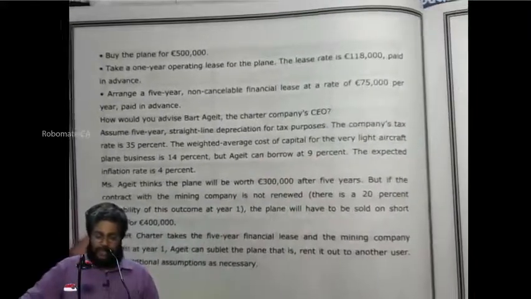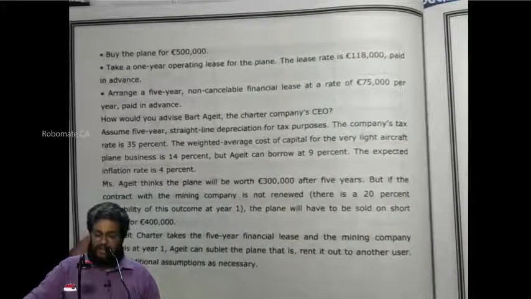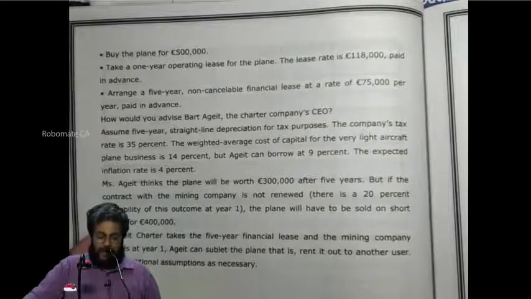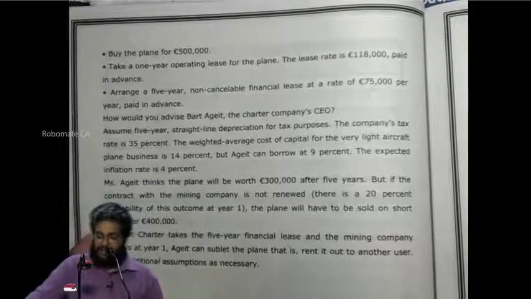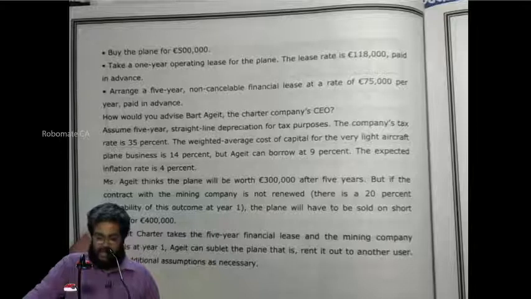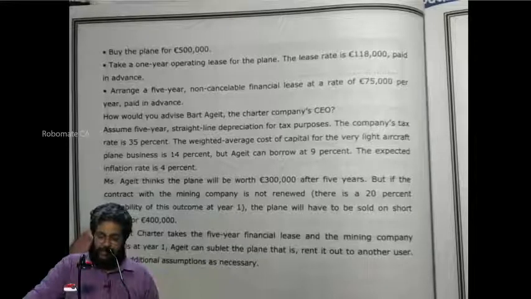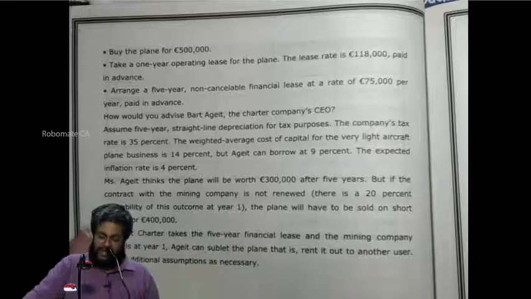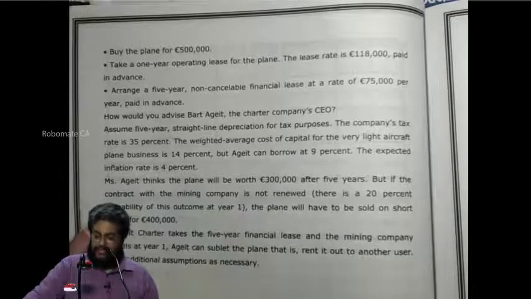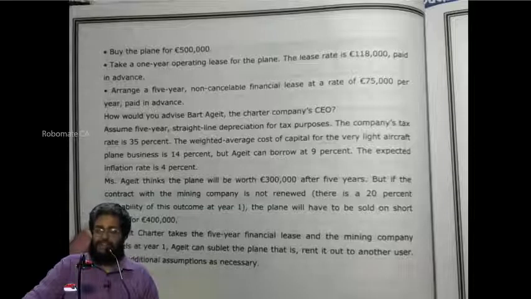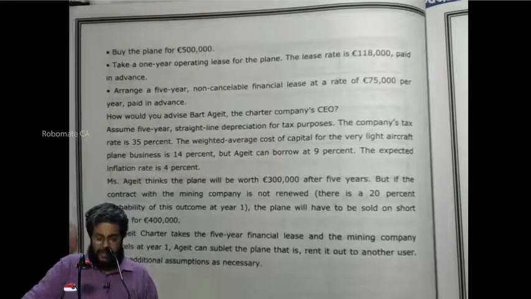How would you advise Agent, the charter company CEO? Assume 5-year straight line depreciation for tax purposes. Company's tax rate is 35%. Weighted average cost of capital for very light aircraft business is 14%, but Agent can borrow at 9%. The expected inflation rate is 4%.